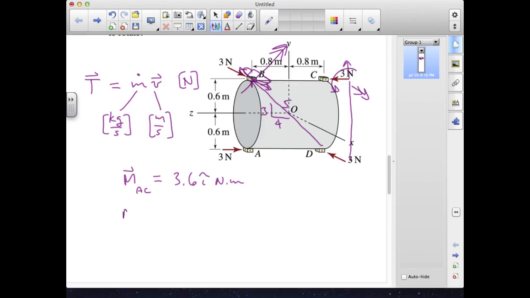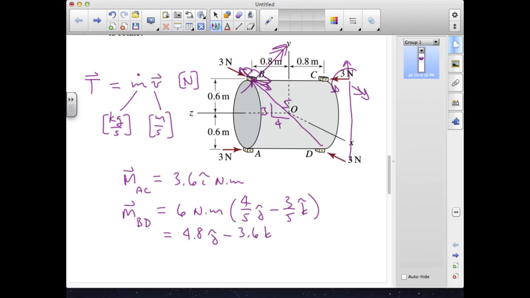The result of this is that the moment from the thruster pair BD will be 3 newtons times that distance between lines of action, which is 2 meters, so it's 6 Newton meters, and it's on a unit vector that is 4/5 J minus 3/5 K, which gives us 4.8 J minus 3.6 K Newton meters.